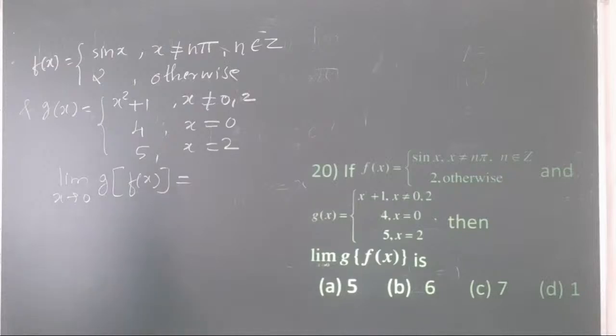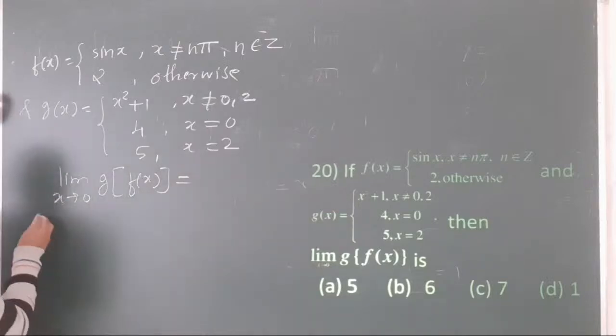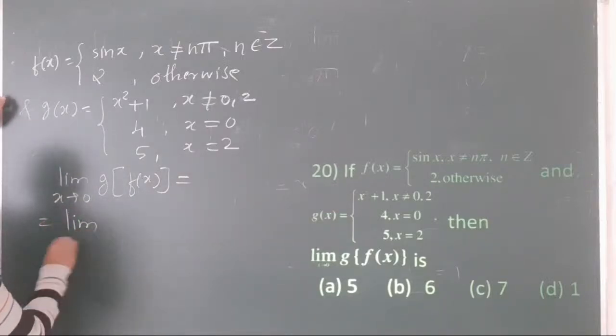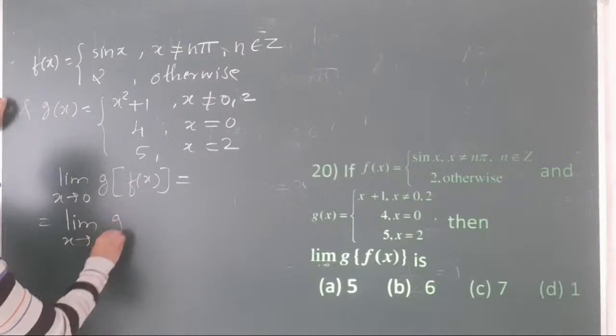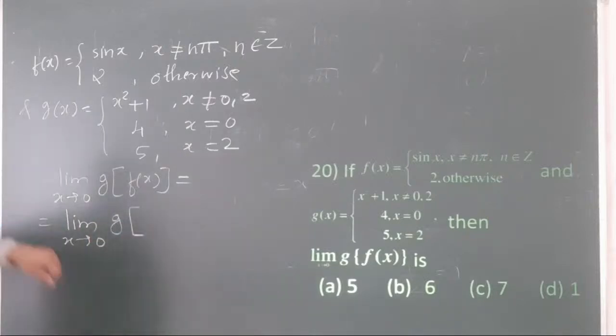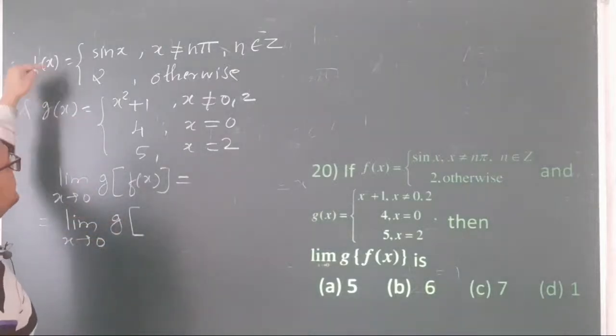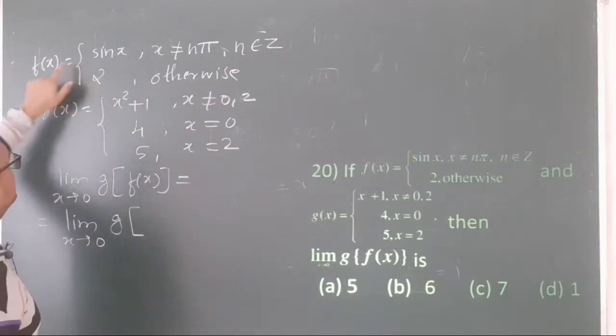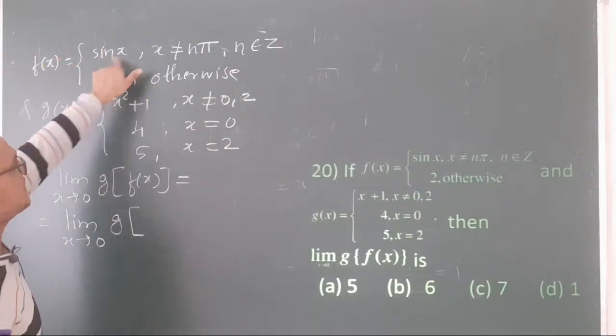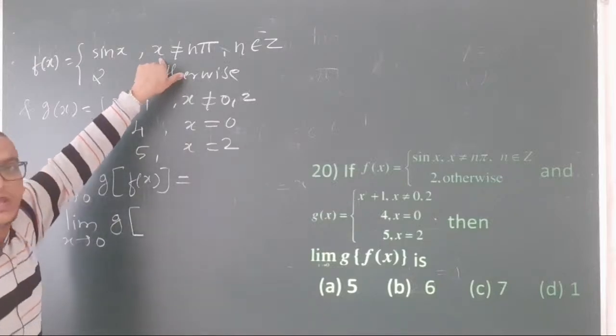So while simplifying this problem, see how you are going to simplify. You have to find out g of f of x. So here, limit x tends to 0 g of f of x. See what is f of x here? 2 otherwise, and f of x is equal to sin x, where x is not equal to n pi.